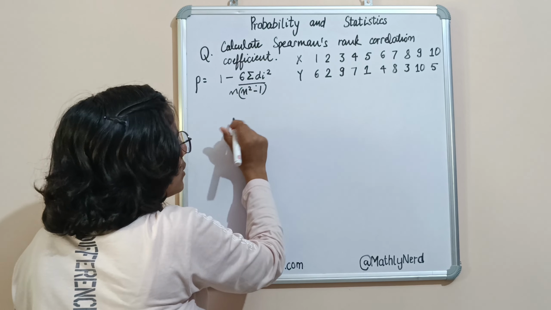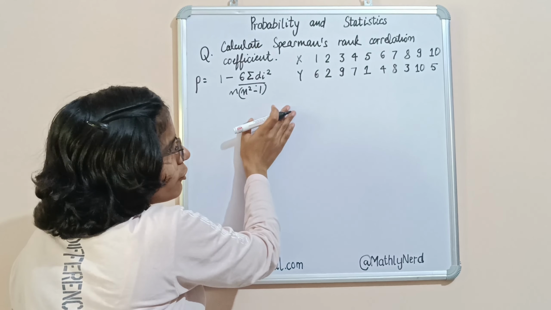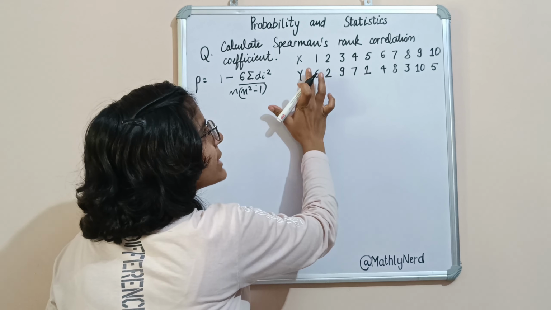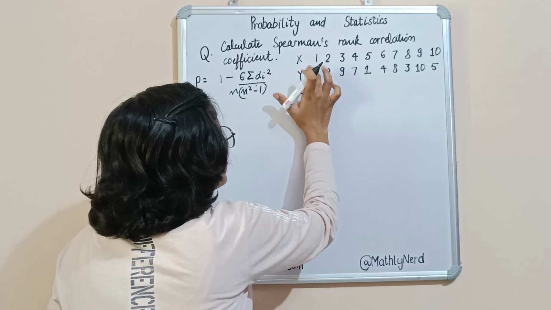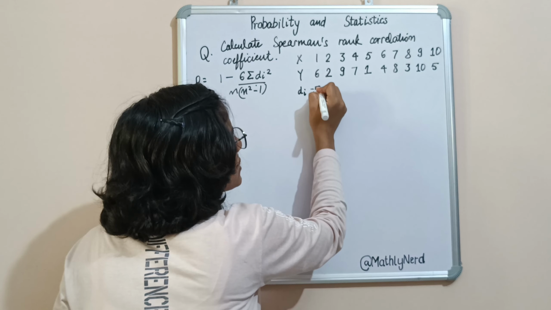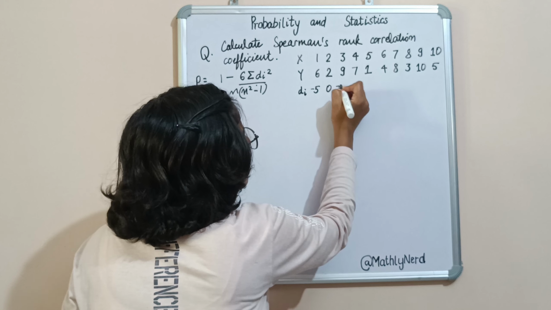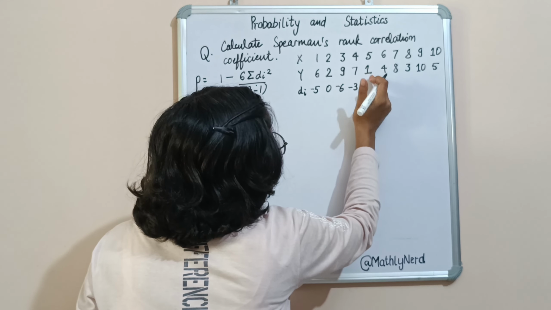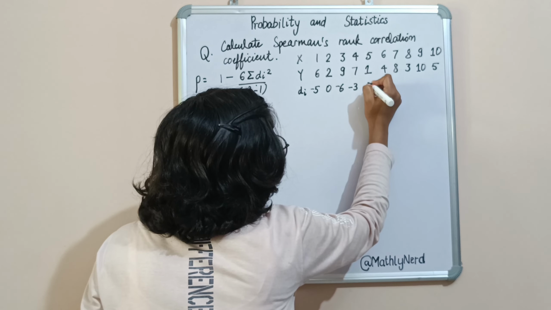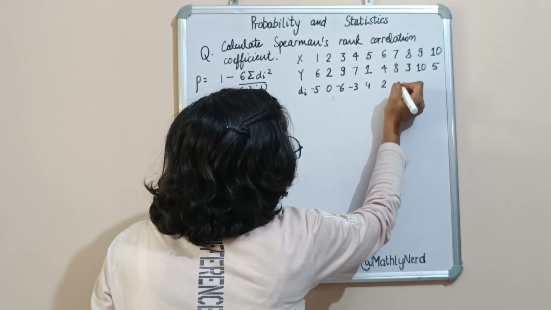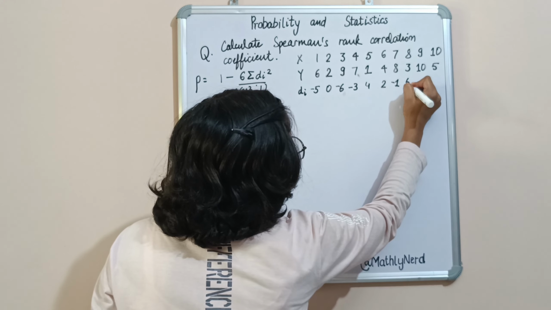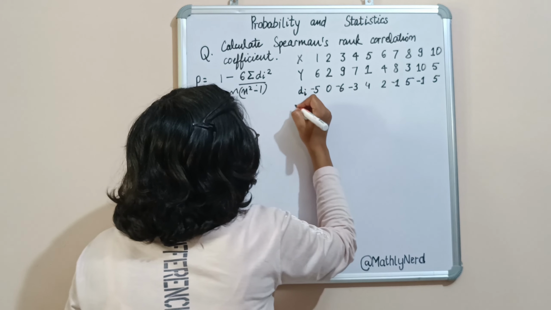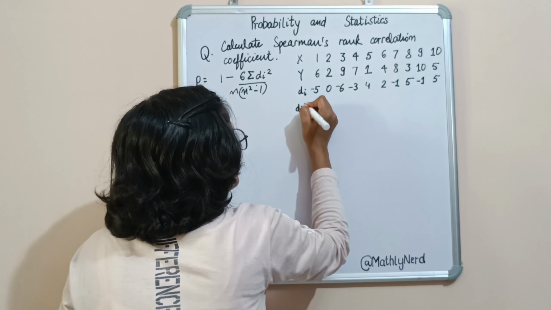First we have to calculate di. Di is equal to xi minus yi. So this will be minus 5, 0, minus 6, minus 3, 4, 2, minus 1, 5, minus 1, 5.